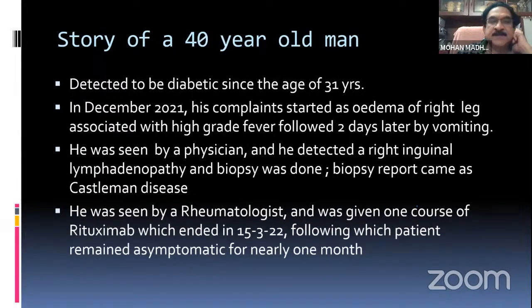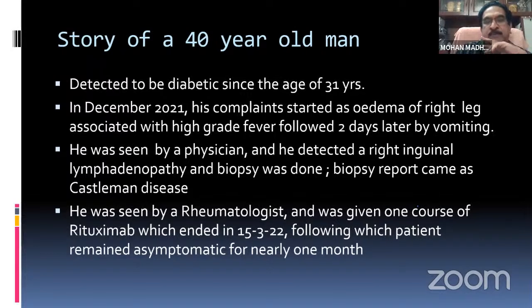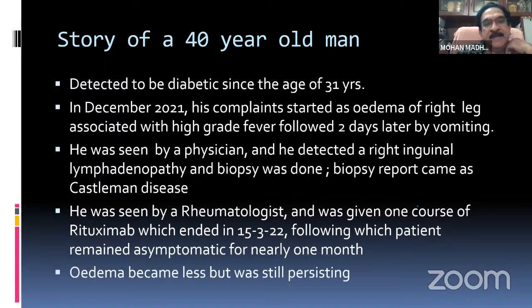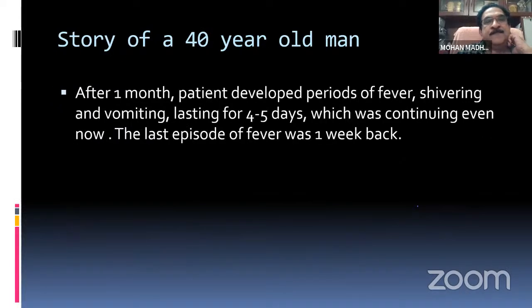He was seen by a rheumatologist and was given one course of rituximab, which ended on March 15, 2022. Following this, the patient remained asymptomatic for nearly 1 month. Edema became less but was still persisting. After 1 month, the patient developed episodes of fever, shivering and vomiting, lasting for 4 to 5 days, which is continuing even now.